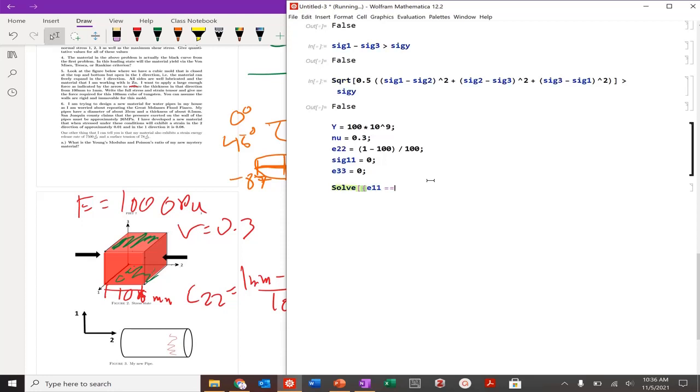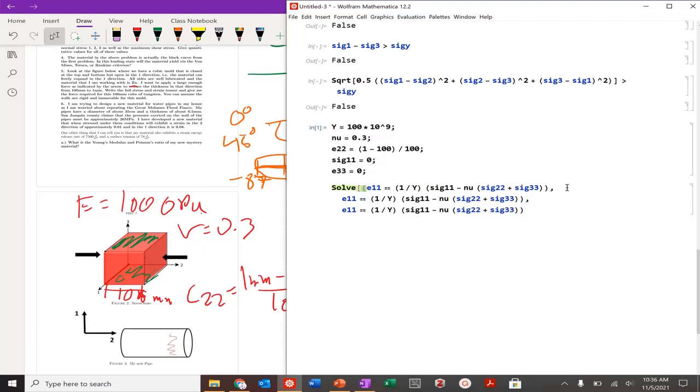Solve E11 set equal to 1 divided by Young's modulus times sigma 11 minus nu times sigma 22 plus sigma 33, and then copy and paste. But I need to change some of those values. Close it. What do I want to solve for? I want to solve for the E11, the sigma 33, and the sigma 22.